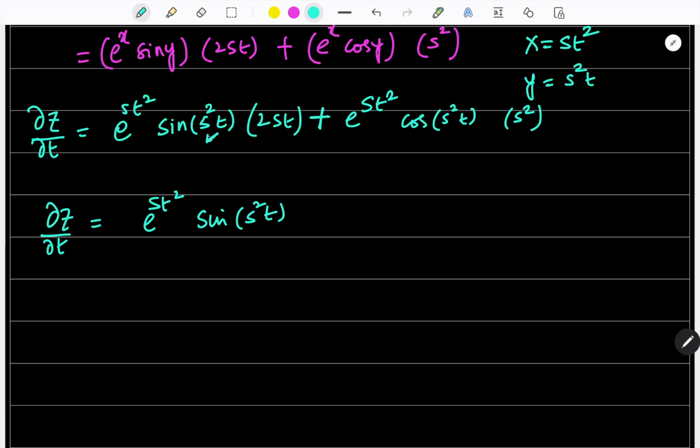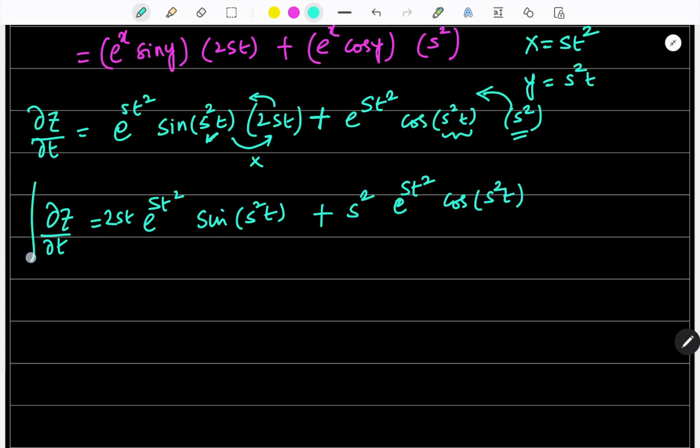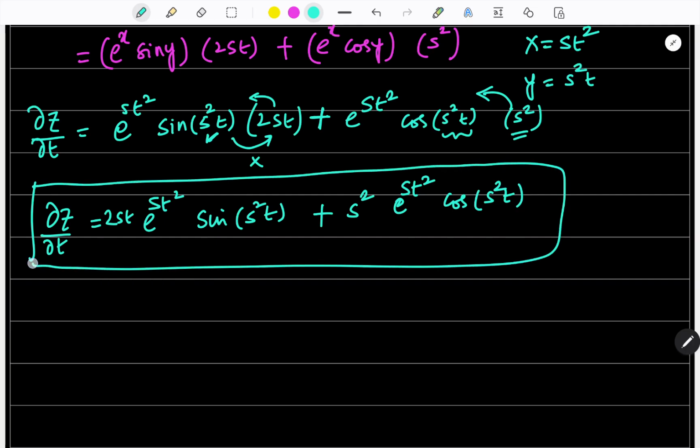Keep in mind, this is an angle, you should not multiply. So I'll bring it to the front, 2st, and then plus s square e power s t square cosine s square t. So this is your dou z divided by dou t. Clear?